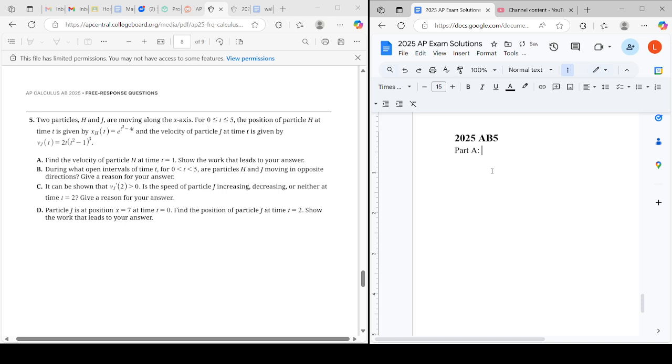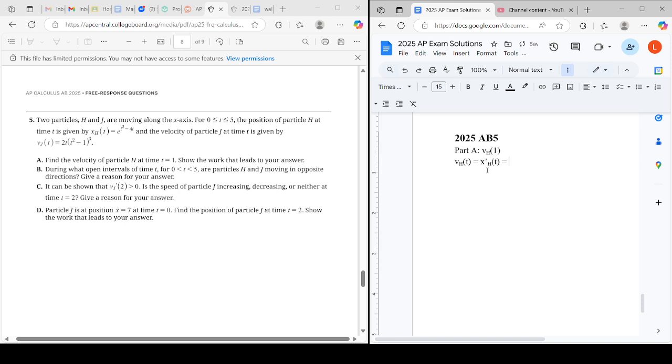First, we're going to need part A. We're going to find the velocity of particle H at time t equals 1, which would be v of h of 1 in standard notation. To find the velocity at a certain time, we first find the general equation of the velocity of the particle. So this would be v sub h of t equals x prime of h of t.